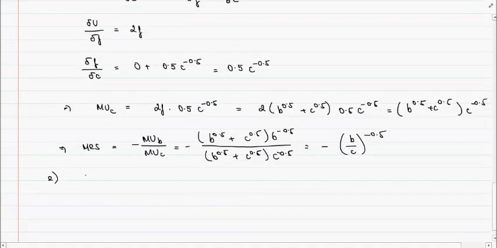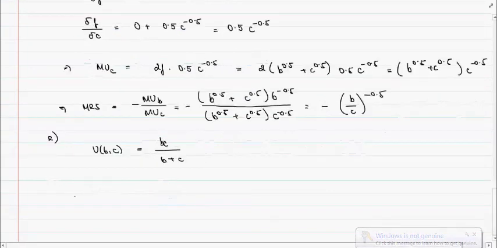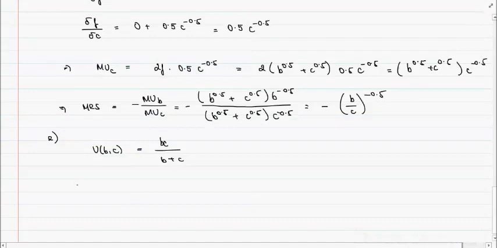And the last case is where the utility function is equal to bc on b plus c. Over here we are going to apply the quotient rule to differentiate.